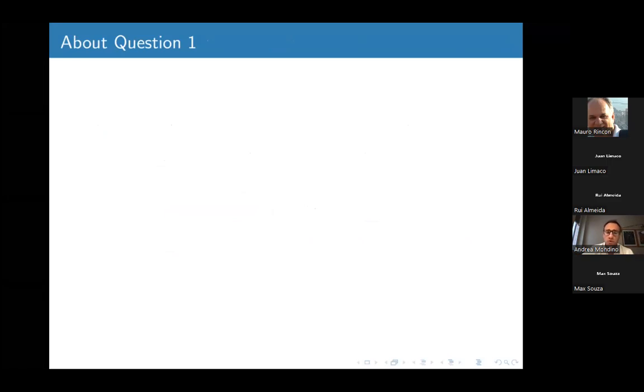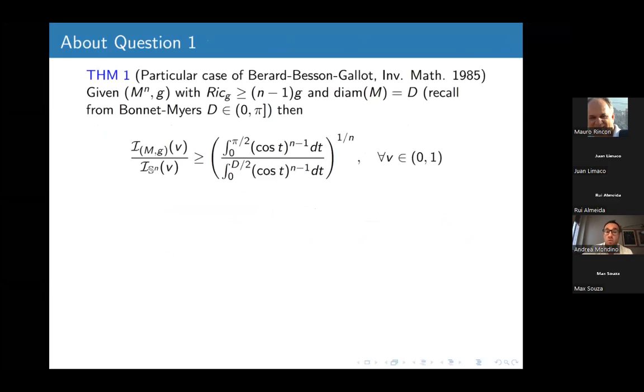About question 1, what can we say on the space if the equality is almost attained? This is a special case of a beautiful paper by Berarber, Songalò, and Invenciones, who proved the following. If you have an n-dimensional manifold with Ricci bounded below by n-1 and with diameter equal to d, recall that from the classical Bonnet-Myers theorem, if a manifold has Ricci bigger than n-1, then the diameter is at most pi.